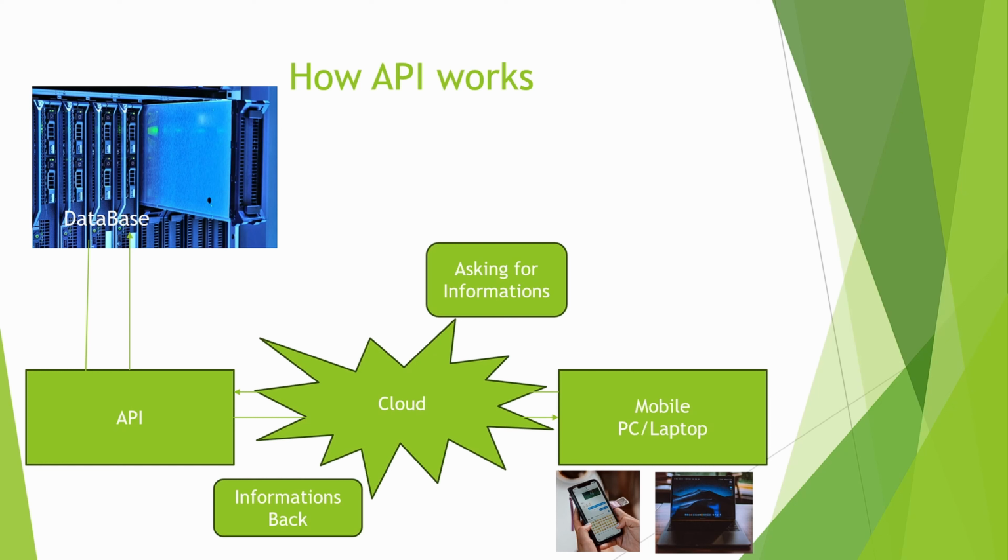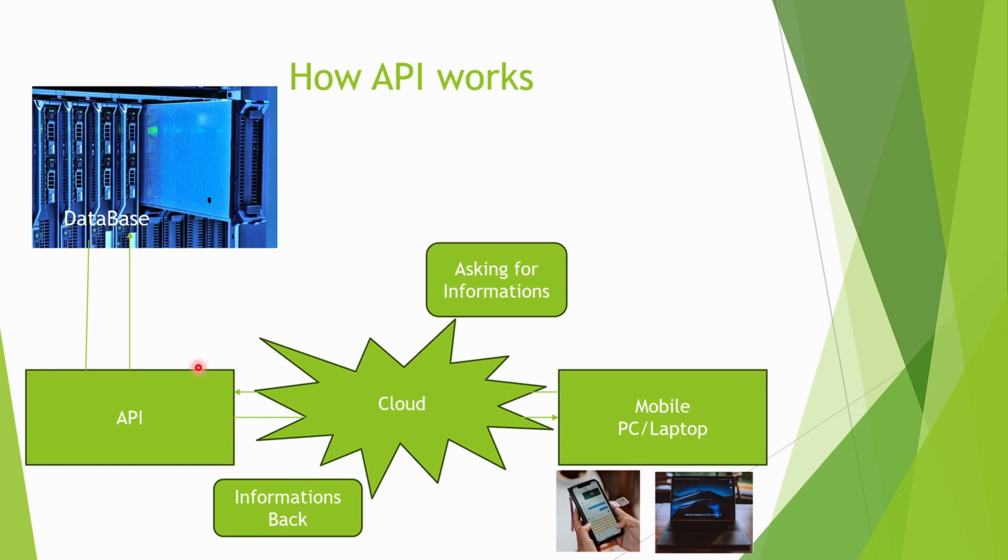Now, how does it work? This is from the client side, your side, where you have your mobile phone, your laptop, or whatever. Let's say, in our example, you want to get the weather. You ask for the information, connecting to the server.